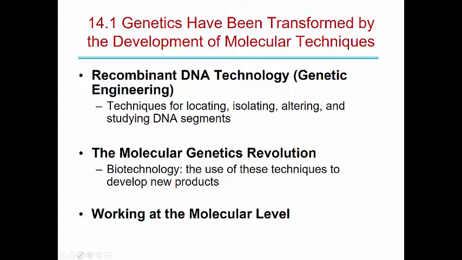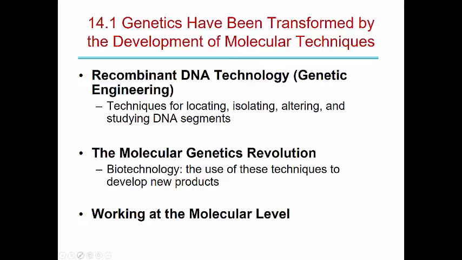We've been able to use recombinant DNA technology, otherwise known as genetic engineering, to join together DNA segments from different species or from different parts of the genome in the same organism. This has had major implications for developing new products and new organisms that have implications in both medicine and agriculture, as well as in other fields.